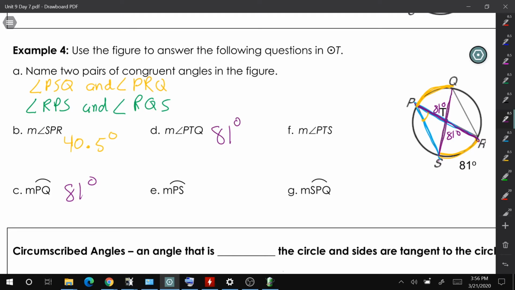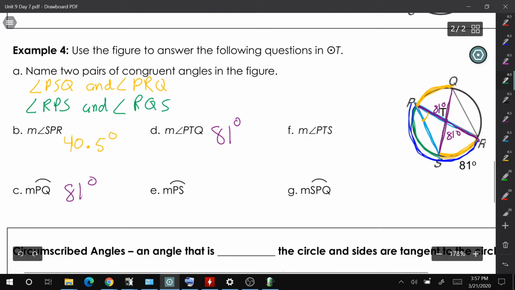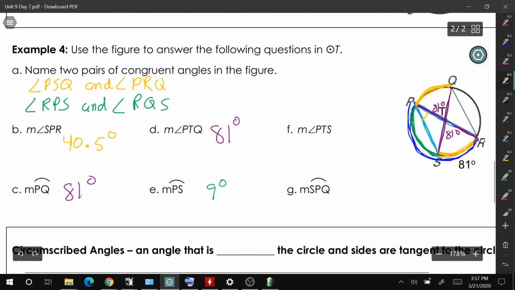E, the measure of arc PS. Okay, arc PS is right here. Well, we have a semicircle right here, which is 180 degrees. This part is 81, which means the remaining part must be 180 minus 81, or 99 degrees.